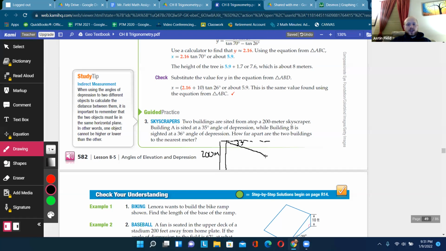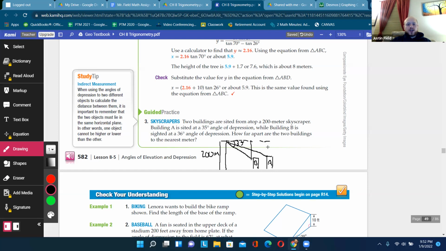Okay. So there's one building. Put a big A on there. Building B is 36. So 36 is going to be a bigger angle. So building B must be like right here. 36 degrees bigger than 35.